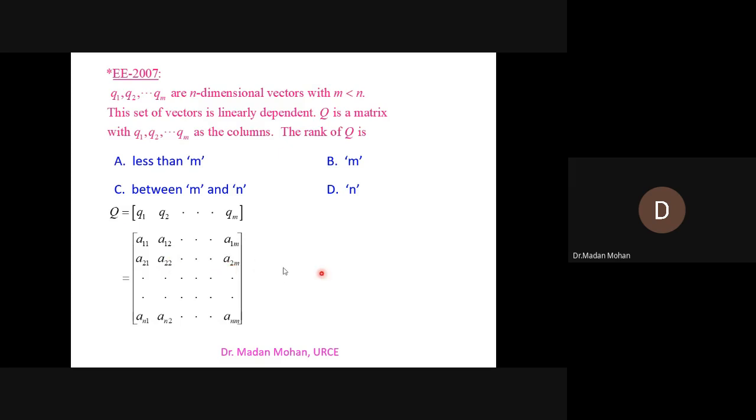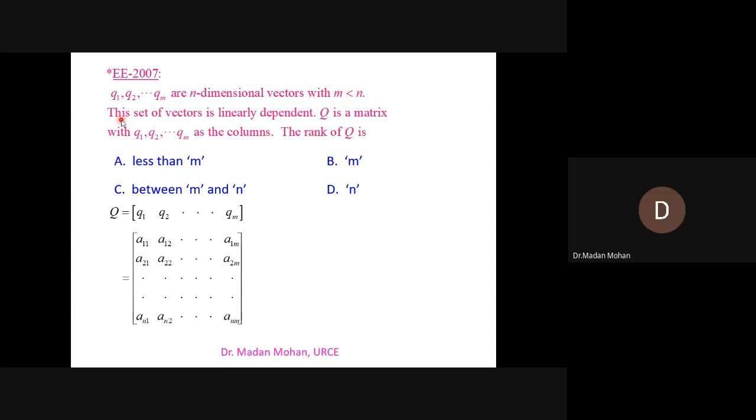Of course, rank of Q is the same as rank of Q transpose. Given to you, m less than n. What is the maximum possible rank of Q? Because m is less than n, the maximum possible rank is m.